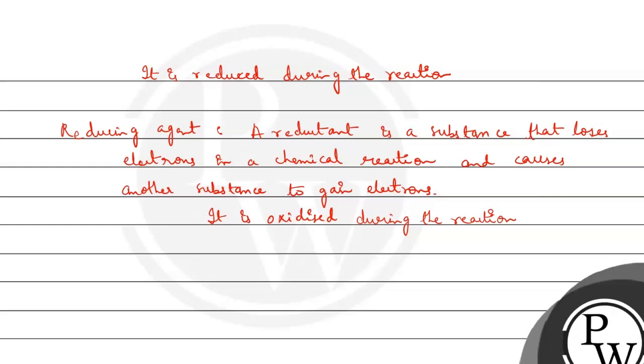So now we'll see which of the metals come under first row transition elements. First row transition metals: scandium, titanium, vanadium, chromium, manganese, iron, cobalt, nickel, copper and zinc.